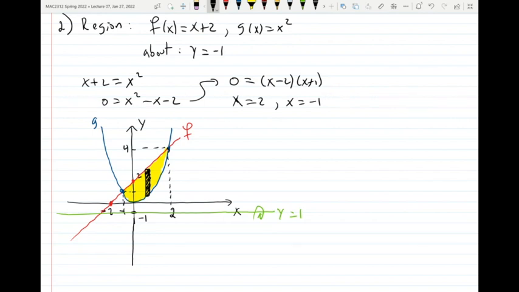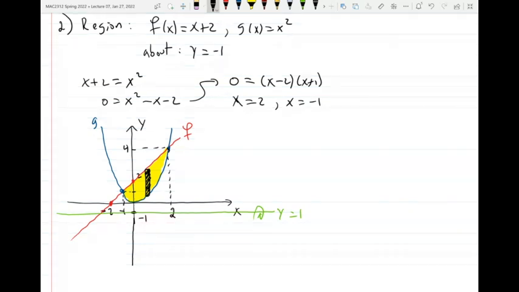As you go from 0 to 4, you will have to integrate with respect to y. But from 0 to 1, this piece right here is only blue on both sides. And then it's blue to the right, but then red to the left. So you will need two integrals and deal with that. So it's easier anyway. If you had a choice, which you will after the next section, in this situation it's easier to place it like this, perpendicular to the rotation.